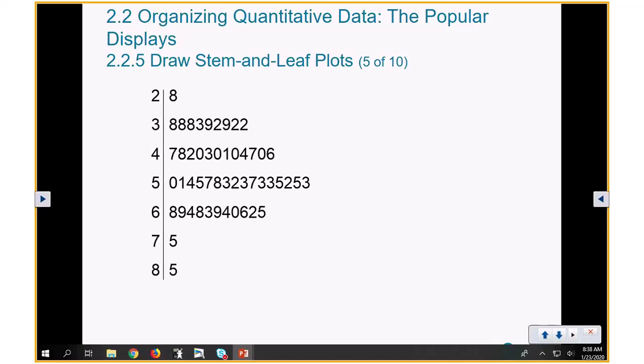You have a scale on the left that represents the tens or the hundreds or the thousands, and then the numbers on the right represent the ones. Do you have a question, Mr. Ramsey? Yeah, don't you have to have a key for it though? What do you mean, a key? Like, for this example, it would be the decimals, so it'd be 2.8, 3.8.